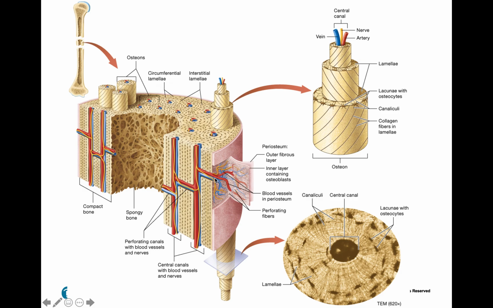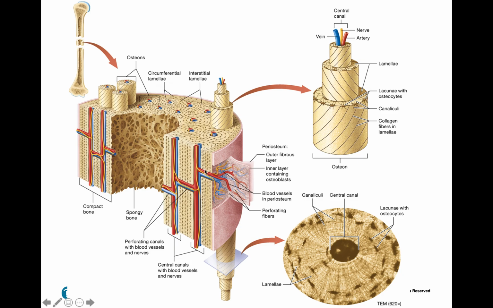So if you look, the perforating or Volkmann's canals are holes within the bone that run perpendicular to the length of the osteons. Here the osteons run the length of the bone, and perforating canals run perpendicular. The purpose of these perforating canals is to allow blood vessels and nerves to penetrate through the bone from the periosteum inward all the way to the endosteum, which would be lining this medullary cavity.